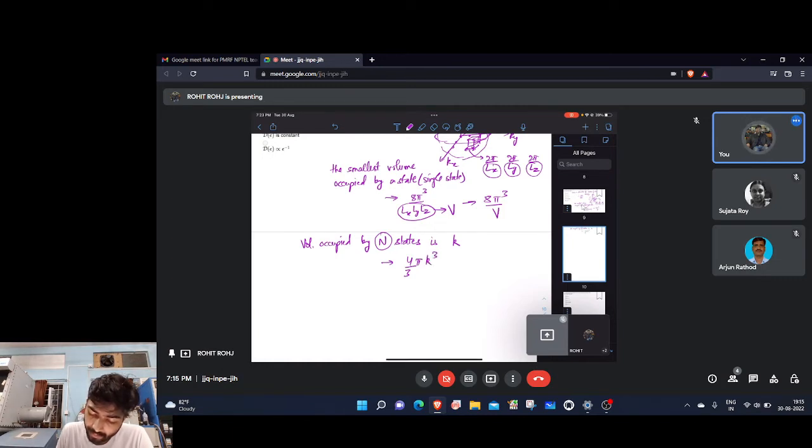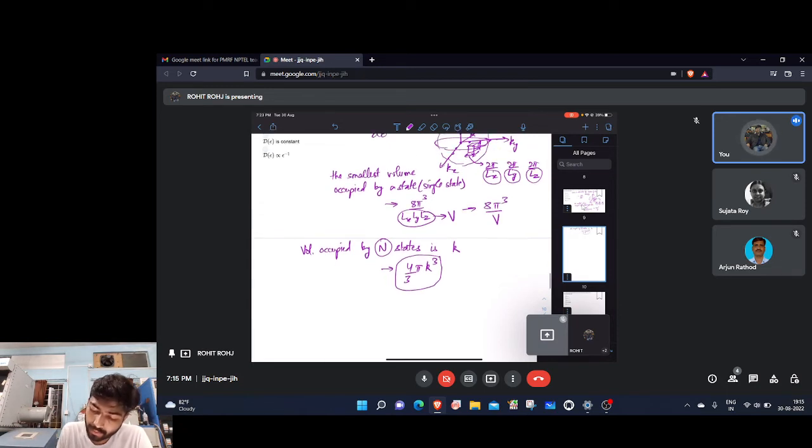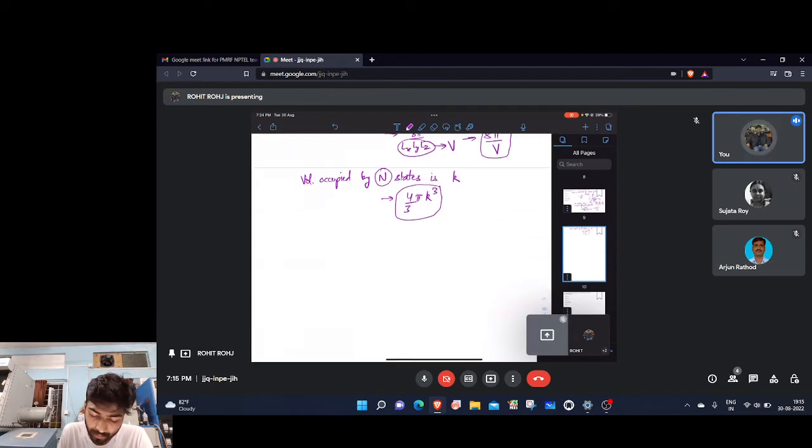So n states will occupy a volume 4 by 3 pi k cube, and the individual volume of the single state is 8 pi cube by V. So the number of states one can find easily by dividing them. The number of states would be 4 pi k cube divided by 3, divided by 8 pi cube by V, and what we have here is V k cube divided by 6 pi square. So these are the number of states we have, right?